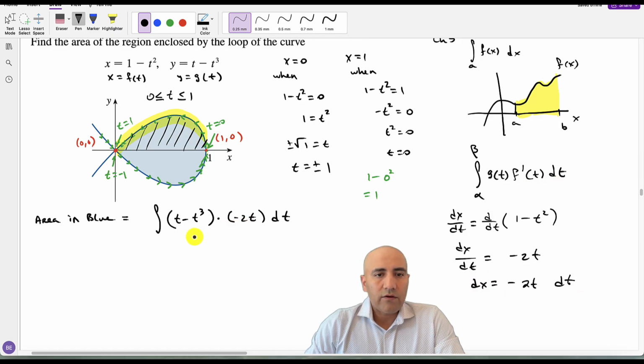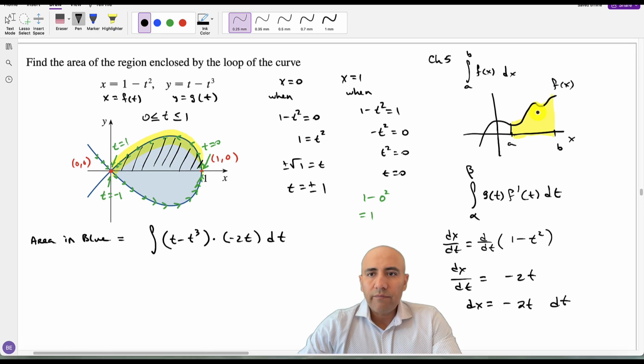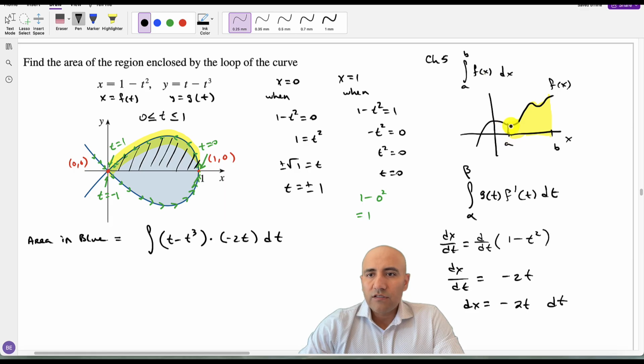Okay, so we piece it together, and now we have to think about the limits of integration. Remember that when we traced out this region, we started with values here, and it traced in this direction, and then it ran into this point, and then above, and then back down to this point. So this thing is tracing as t goes from 0 here up to 1. But when we want to do a regular integral, like back over here, we want to integrate from a to b. Integration from a to b starts here and then goes that way in the x increasing direction.